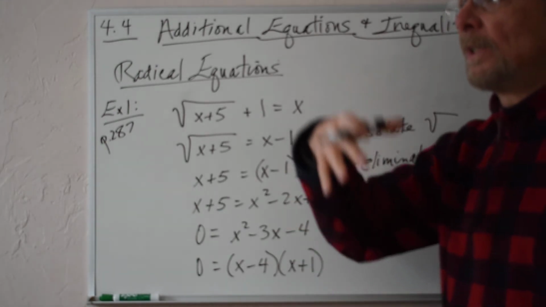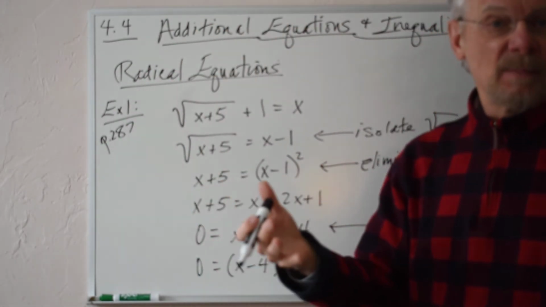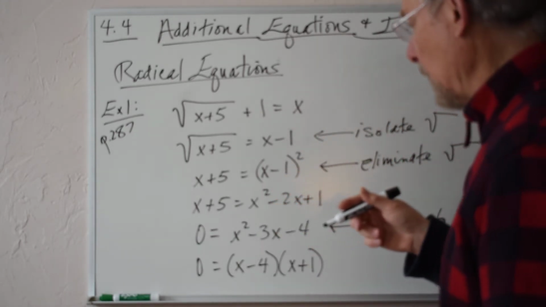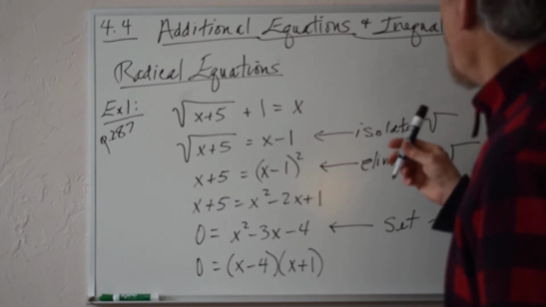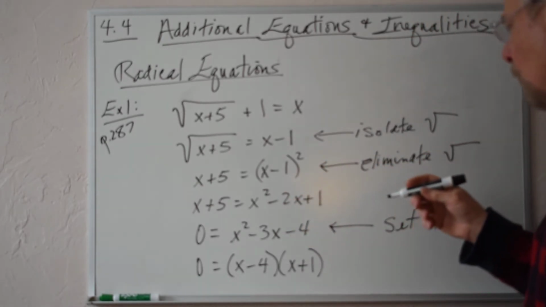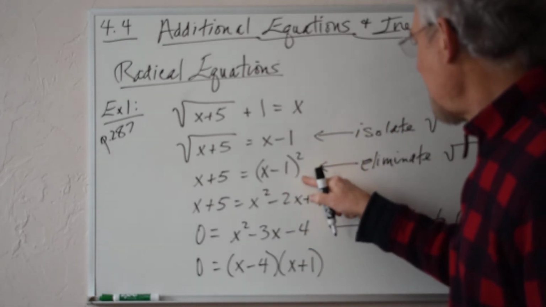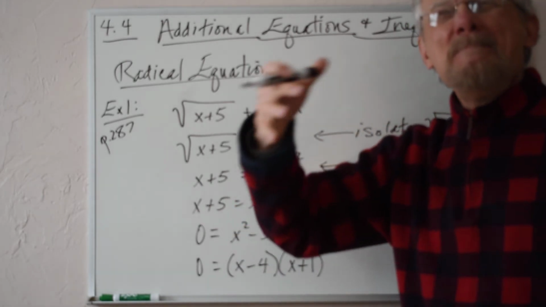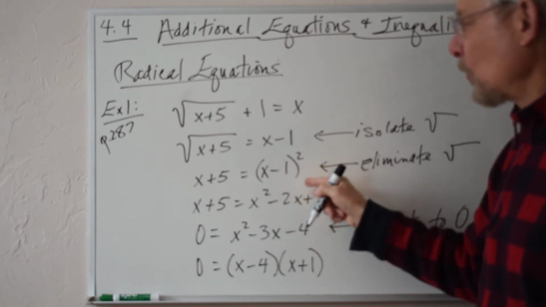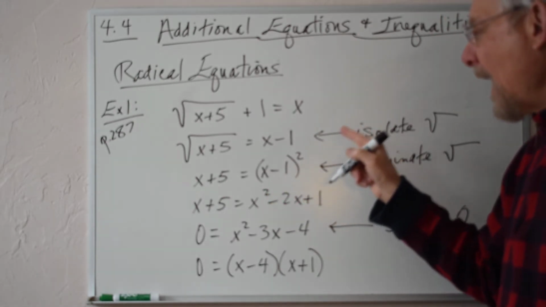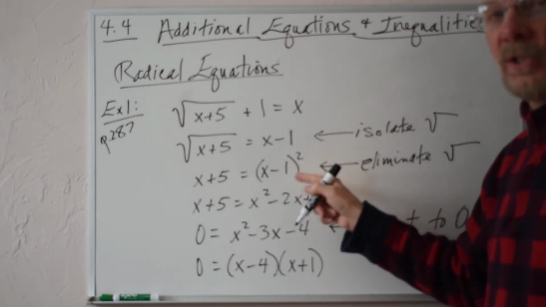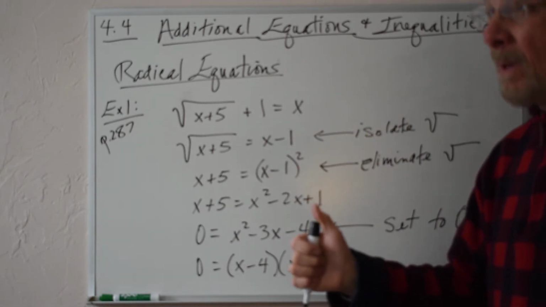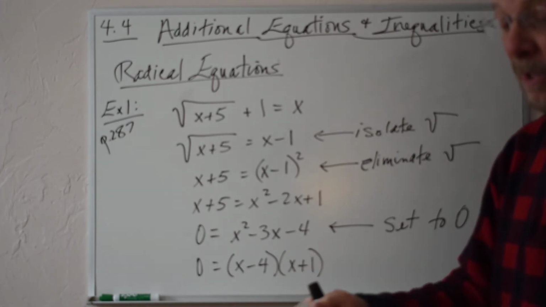Your work will suggest them as possibilities, but you have to check and make sure they are really solutions to the problem. What introduced the extraneous roots? This step right here. When we squared each side, we were messing with the internal algebraic stuff, and we changed the situation to where not only are we going to get any actual roots that are there, but we'll get some extraneous roots perhaps also.